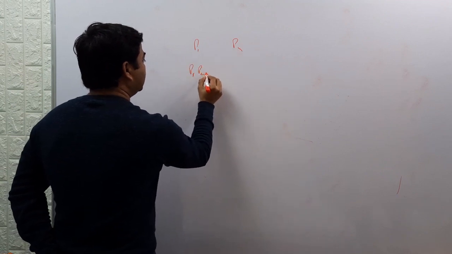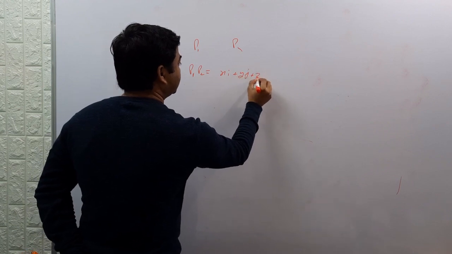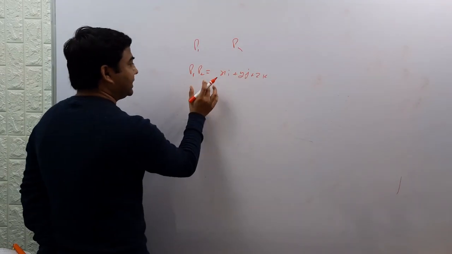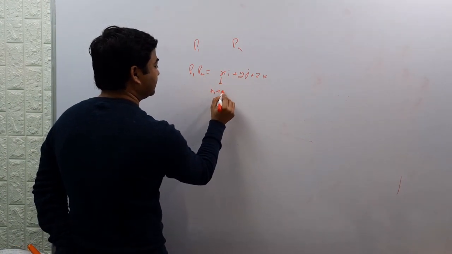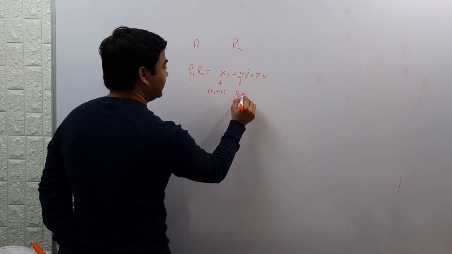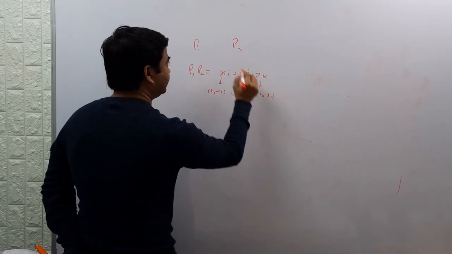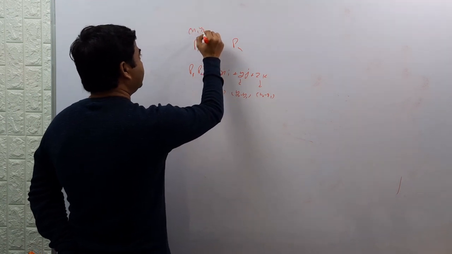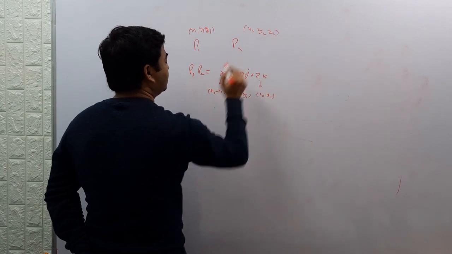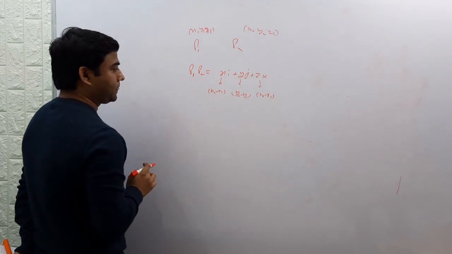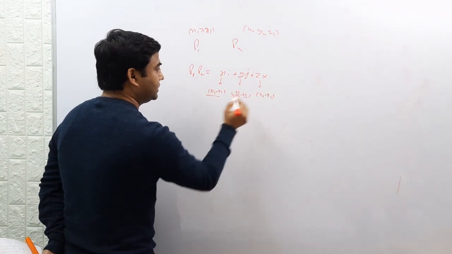Vector P1P2 is equal to x i plus y j plus z k, where x will be x2 minus x1, y will be y2 minus y1, and z will be z2 minus z1, with the points being x1, y1, z1 and x2, y2, z2.